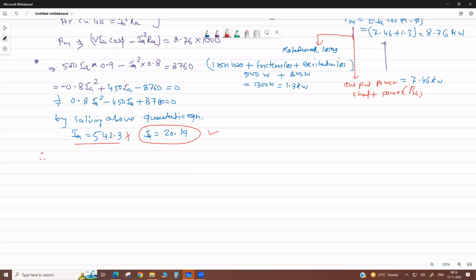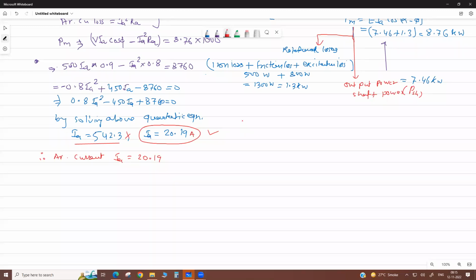Therefore armature current IA is 20.19 ampere. Why do we consider only 20.19 ampere?